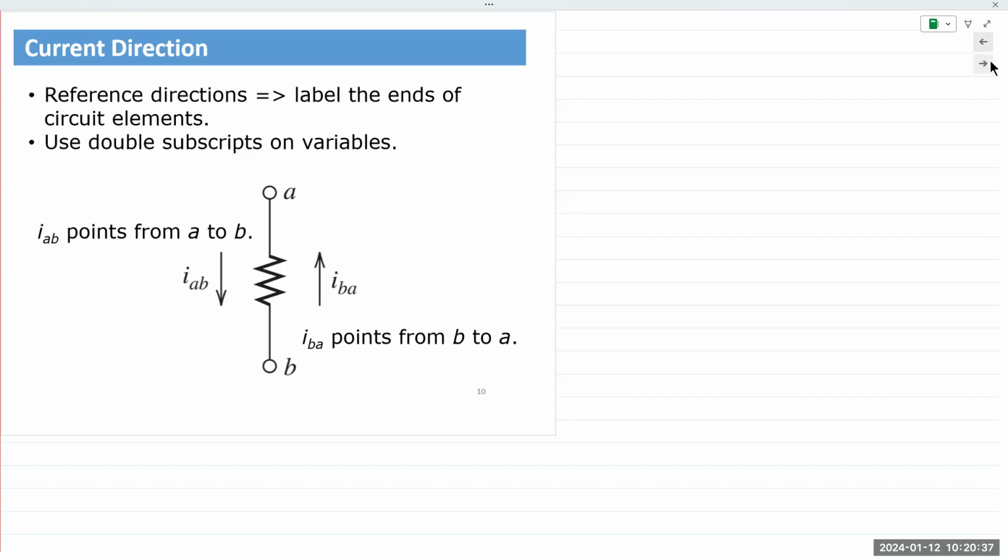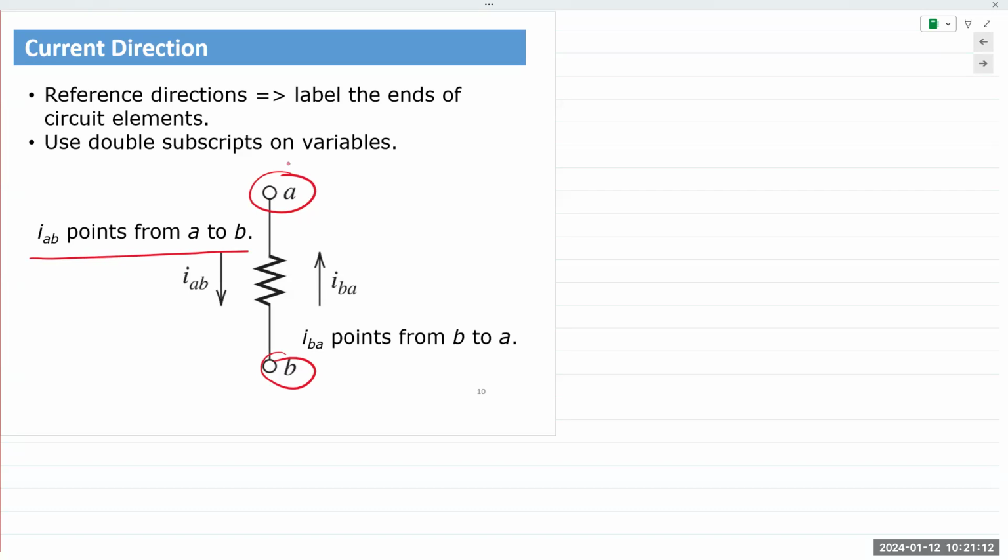It's called a 2 subscript notation, and it notes the 2 points of that element. In this example, it's A and B. If you're referencing current IAB, you're talking about a current that is going from point A to point B. The point of origin or point of entry into that element is the first subscript. IAB simply means current is going from A to B.